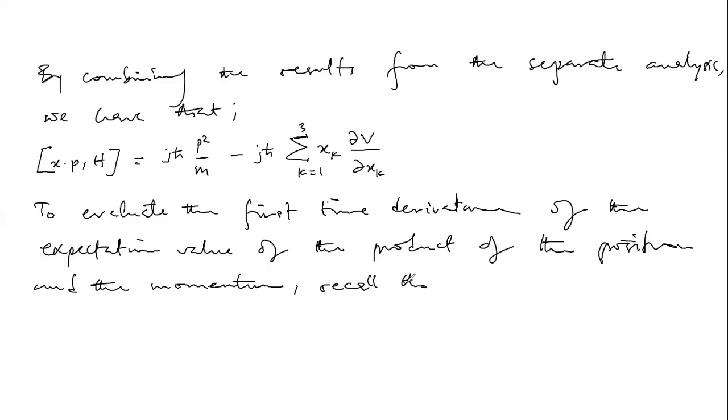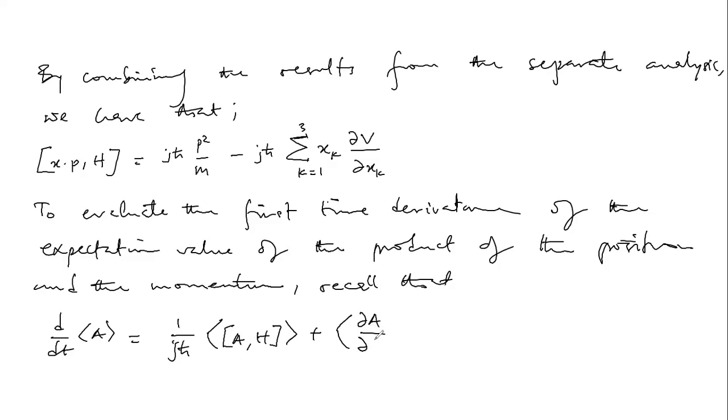Recall that the first time derivative of the expectation value of an operator is the same as 1 over jħ times the expectation value of the commutator between that operator and the Hamiltonian plus the expectation value of the partial derivative of that operator with respect to time.